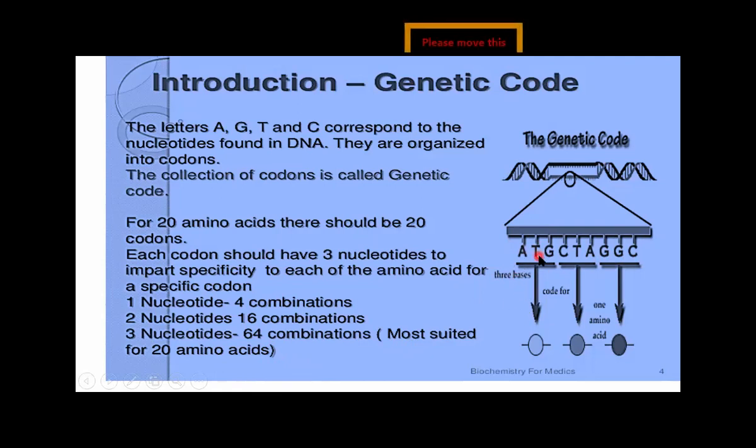So for example, this triplet is responsible for coding this amino acid, this triplet for this amino acid, and this triplet is sufficient for coding this specific amino acid. These codes or codons are specific for each amino acid. So we are saying that this is the genetic code in terms of the codon, because the collection of the codon is called the genetic code.